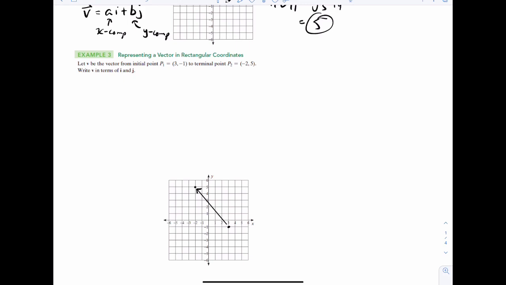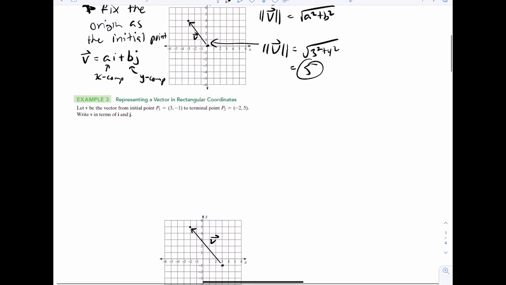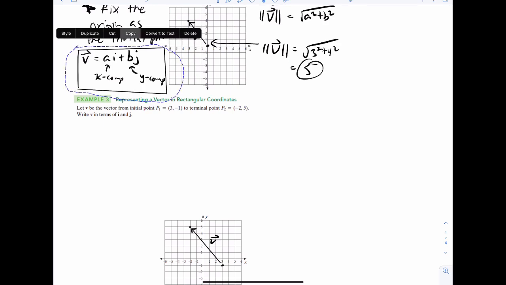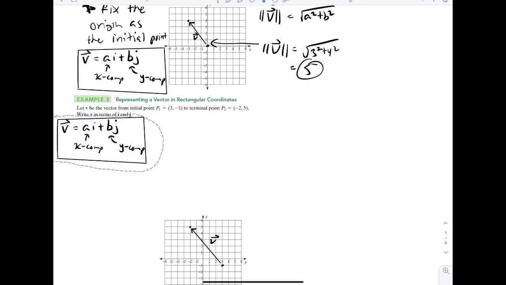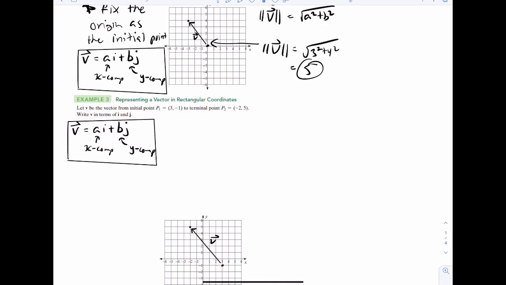It says write this vector V in terms of i and j, which essentially means we're trying to make it into, we're going to call this component form. So if I were to box this right here, this is like a form we're working with. So we're trying to get it to this form. So we have 2 points.